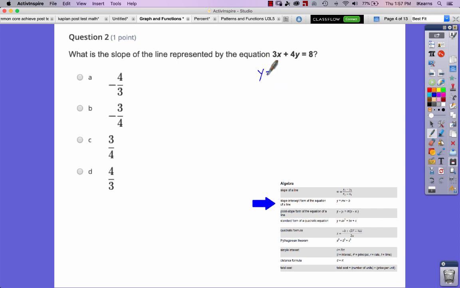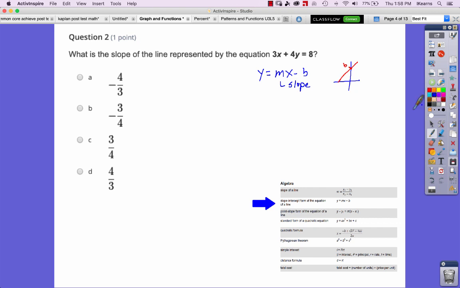Once we figure out what y equals, we can determine what m is, and m is the slope, which is what we're trying to find. And b is the y-intercept, where the line crosses the y-axis.